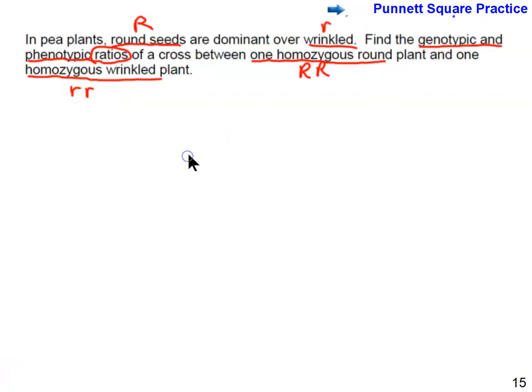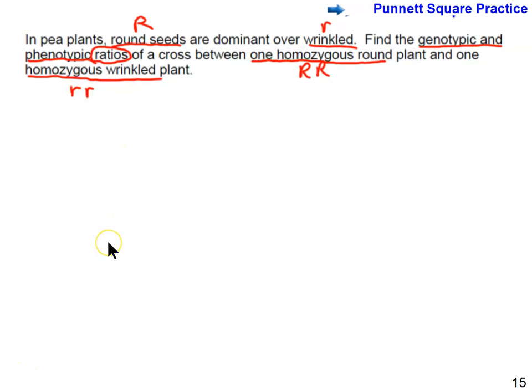As you read through, you would want to mark everything. We're after the ratios. These are the symbols. The genotypes of the parents, you would also want to write down. So the homozygous round would be capital R, capital R, and the homozygous wrinkled would be lowercase r, lowercase r.